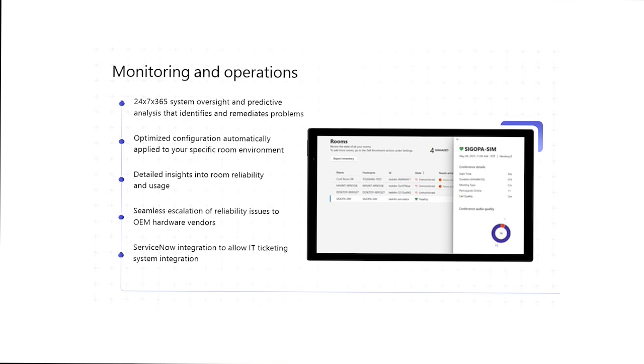This system is able to detect issues and remediate issues on its own in a lot of cases, and over time is going to be able to do even more of that. Right? It detects an issue on tenant A, and it's able to resolve something and apply that in tenant B and tenant C. It could reboot a device if it wasn't being used in hours, that kind of thing.